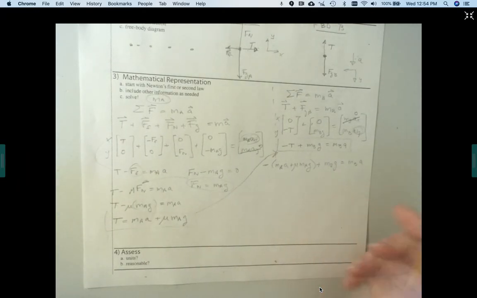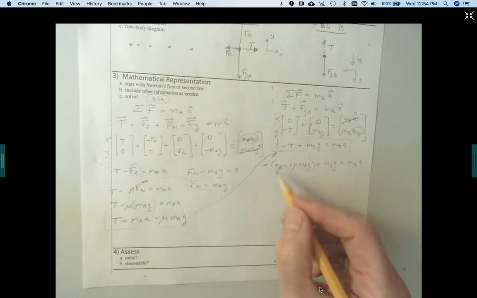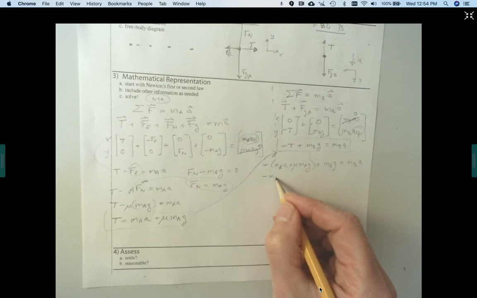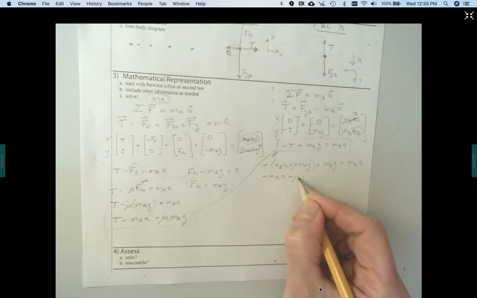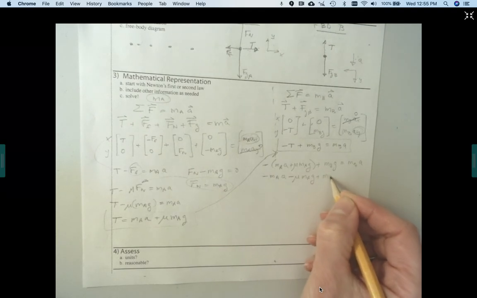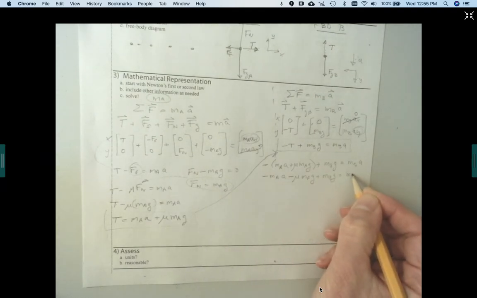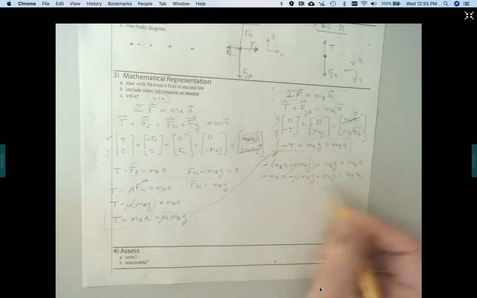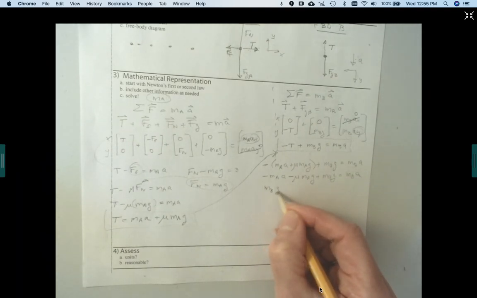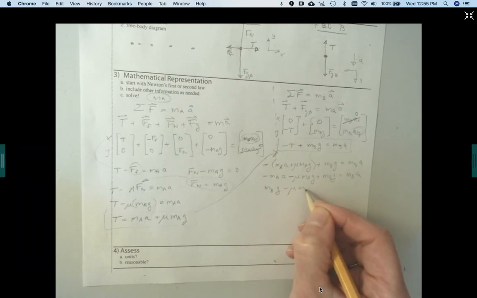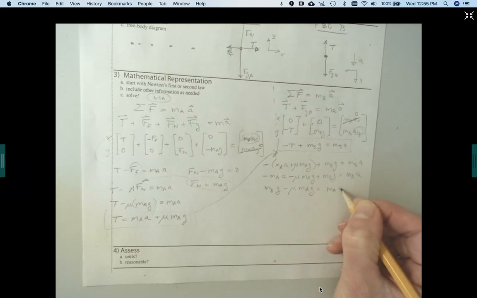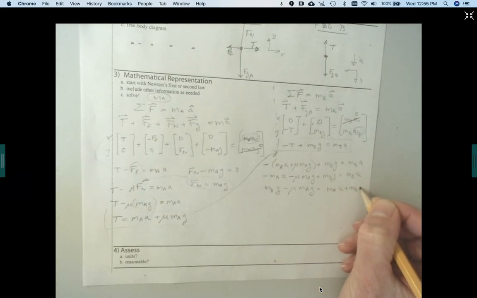Okay, and now we can solve for acceleration, so let's group that over to the other side. Let me just factor in the negative first. So mass of A times acceleration minus mu mass of A times acceleration of gravity plus mass of B times acceleration of gravity equals mass of B times acceleration. I'm going to move this one over. So I'll get MBG minus mu MAG equals mass of A times acceleration plus mass of B times acceleration.